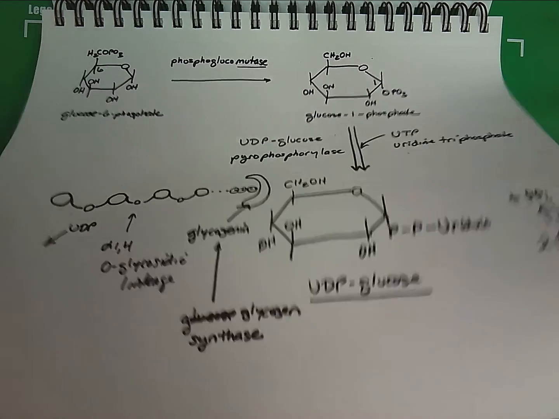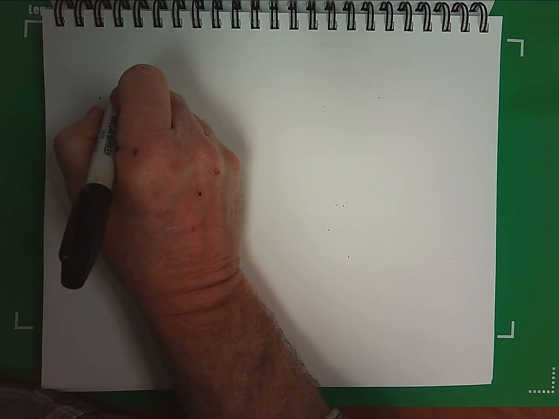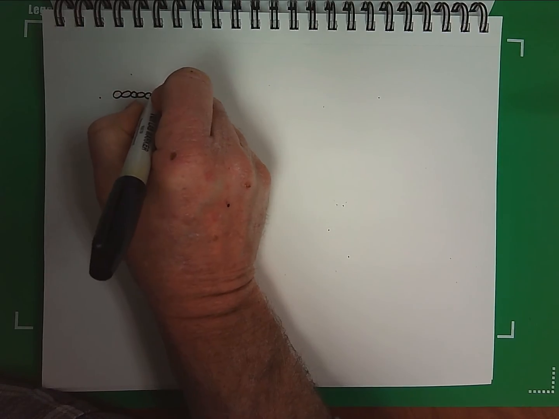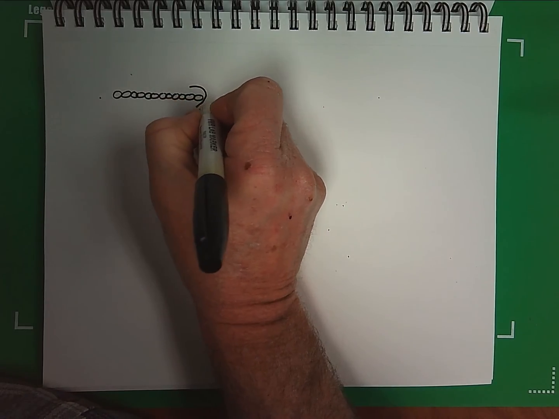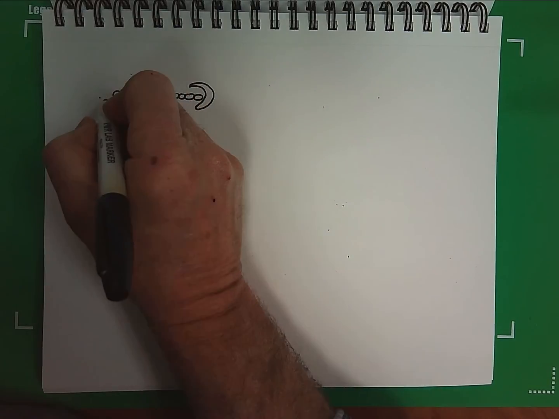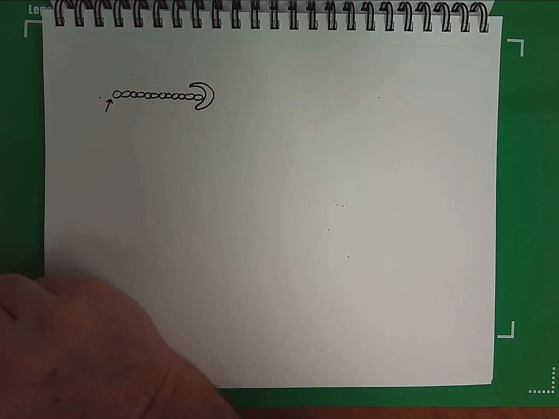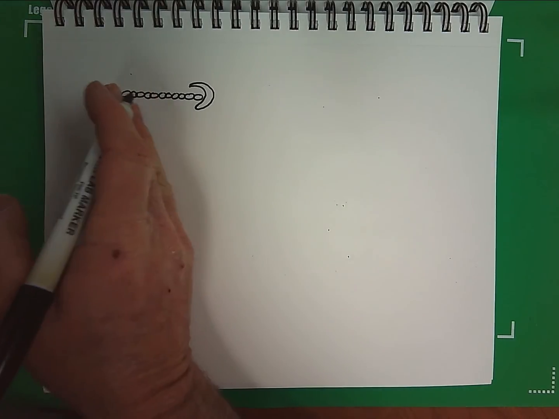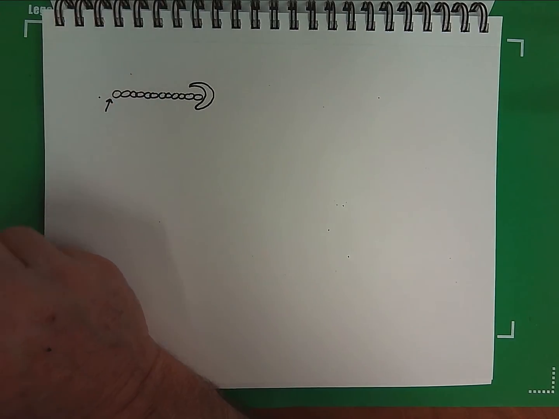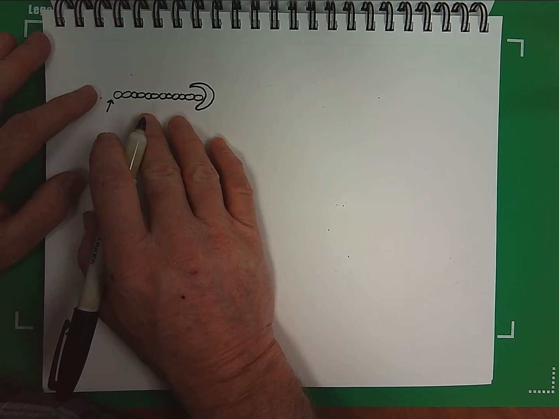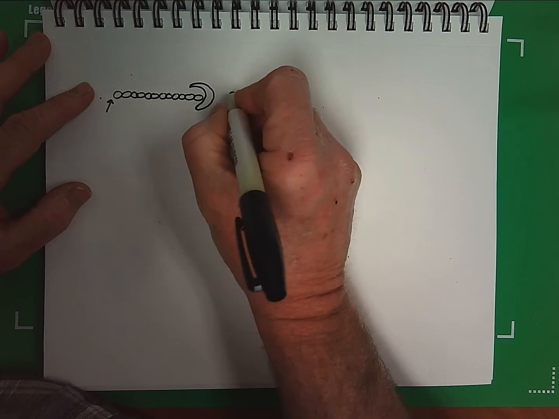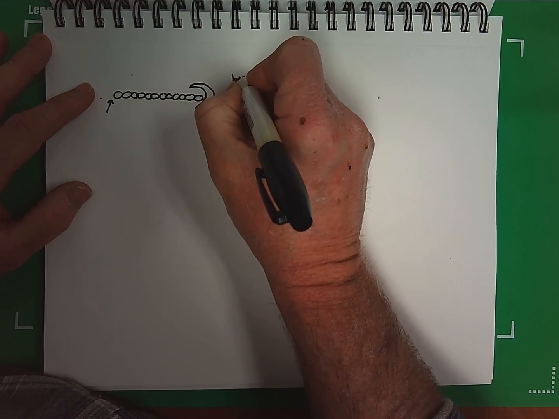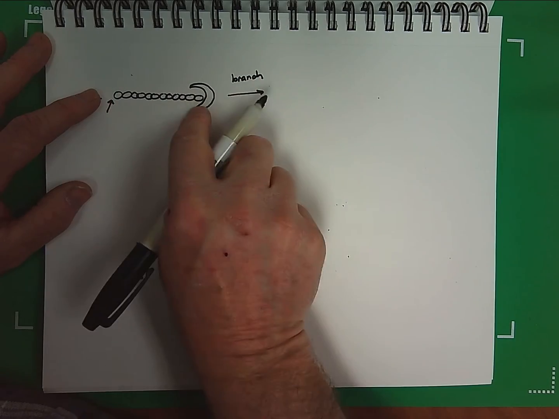Now the other issue we have is that if we have one growing polymer of glucose, and let's say this is our glycogenin on the end of it, we really only have one end to be adding on additional monomers of glucose. This is a very inefficient process, and because we want to store glucose as much as we can into a glycogen structure, what we need to do is branch this structure.